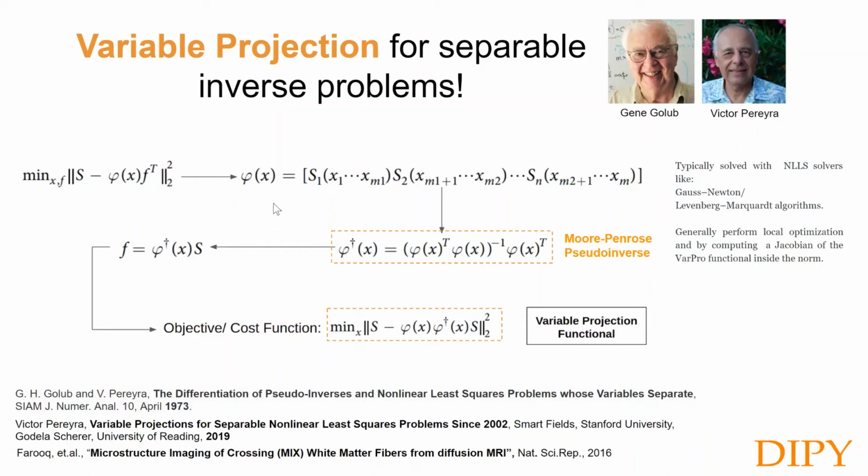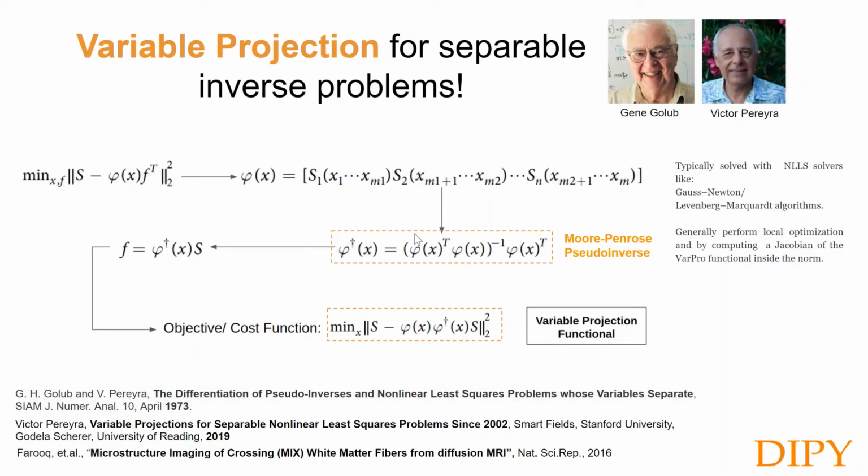As you can see, first we had the F and the X both in this equation. And then after doing this variable projection, it is just an equation in terms of X. So we have basically eliminated F by estimating it separately in a previous step.